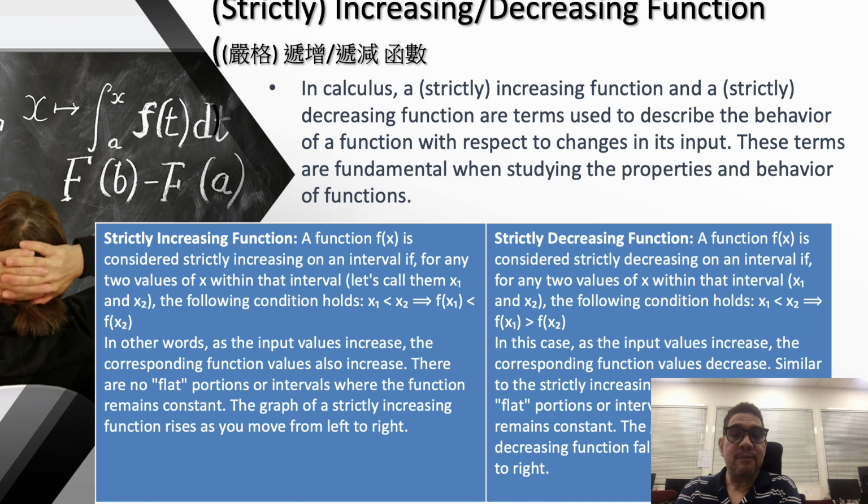On the one hand, a function f(x) is considered strictly increasing on an interval if, for any two values of x within that interval, let's call them x1 and x2, the following condition holds: x1 is less than x2 implies f(x1) is less than f(x2).